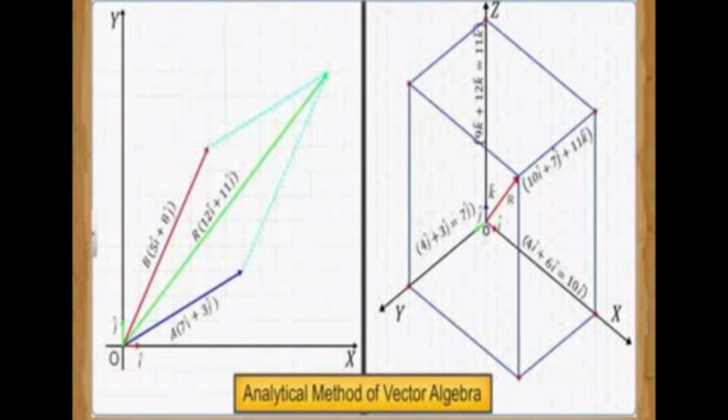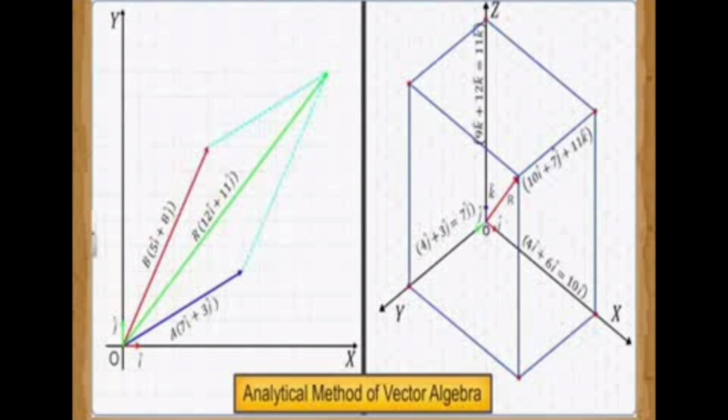And now we are going to see the addition of two vectors in the analytical method, vector algebra. So how we can add two-dimensional and three-dimensional vectors. So we are going to see that in a graphical method. You will be able to see in a three-dimensional picture and a two-dimensional picture how to add the two vectors.